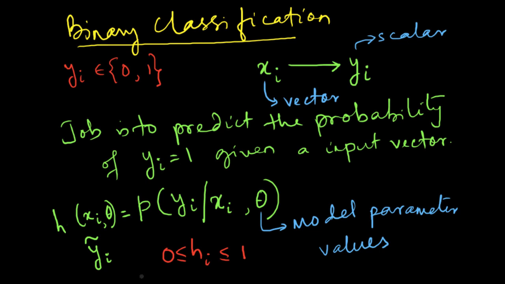So before getting into the actual mathematical formulation of logistic regression, let's try to visually understand what logistic regression is trying to do. Let's say we are solving the binary classification problem, and our input is just a scalar for simplicity. So it's a vector with only one element.